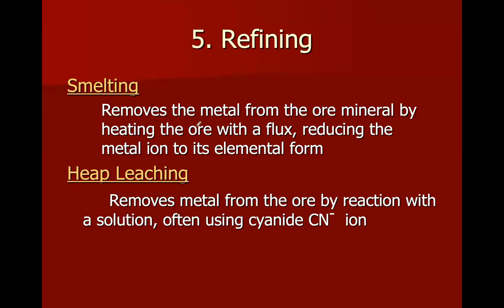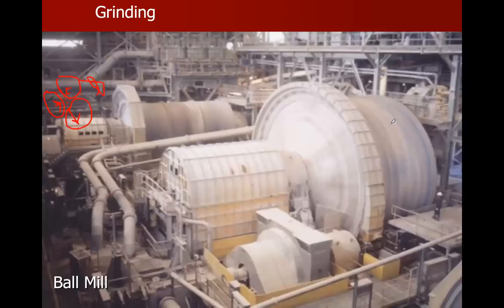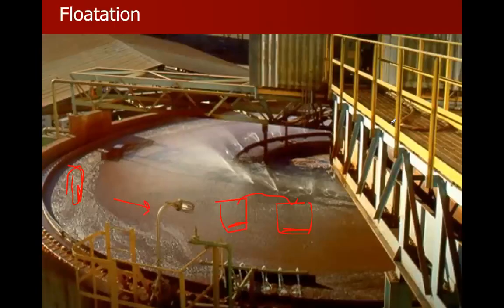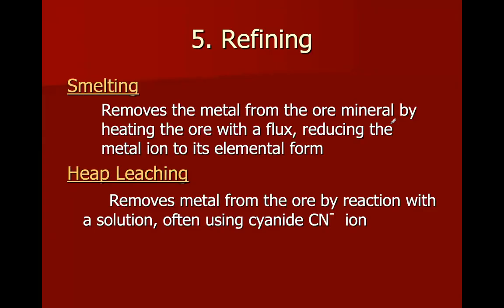Smelting removes the metal from the ore mineral, because some materials are bonded with the mineral in the ore. These mechanical separation methods might not be effective for separation. Therefore, they may need smelting to remove the real metal, iron, right?